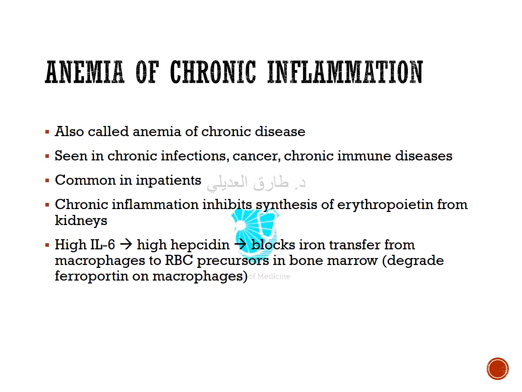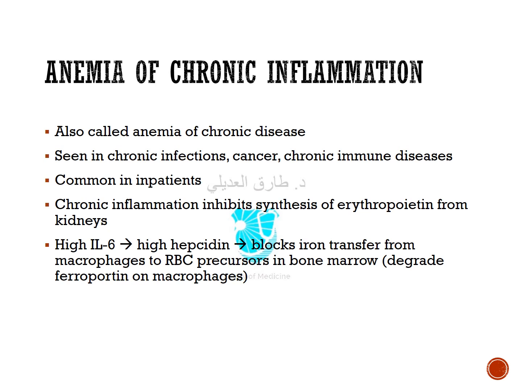Chronic inflammation suppresses erythropoietin. We have increased interleukin 6 as a result of the inflammation, which increases hepcidin. Hepcidin antagonizes erythropoietin, so if it increases, there will be suppression of erythropoietin. Also, as we said, hepcidin blocks iron absorption from the gut, and it also blocks the transfer of iron from the macrophages, which are the storage area, to the red blood cell precursors in the bone marrow.